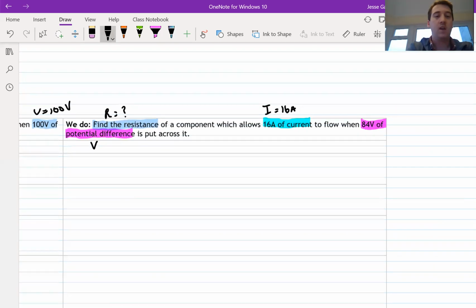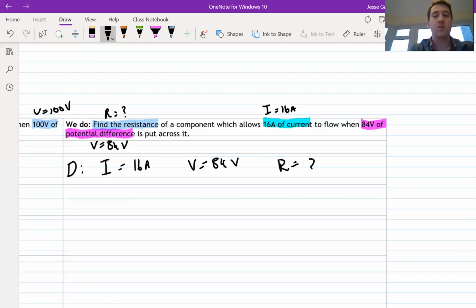So V equals 84 volts. So on my D line, data, it should say I equal to 16 amps. I have V, which is equal to 84 volts. And I have R, which is equal to question mark.